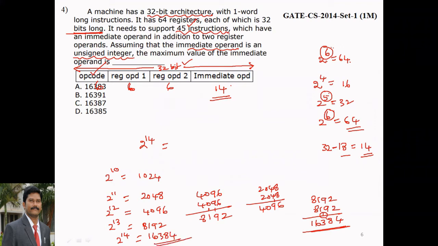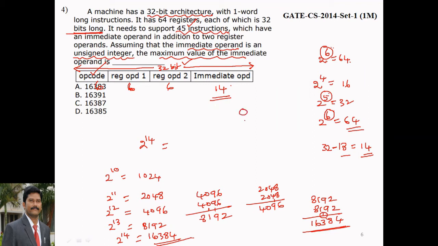This 16384 is not there in the options. He asked the maximum value. If it is 14 bits, 2 power 14, that is 16,384 operands possible.